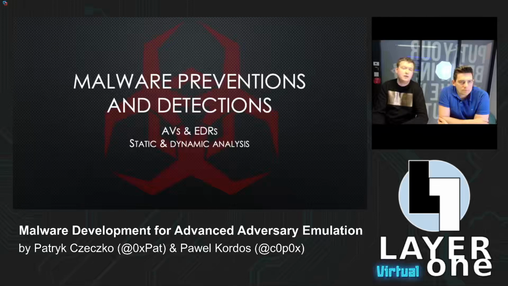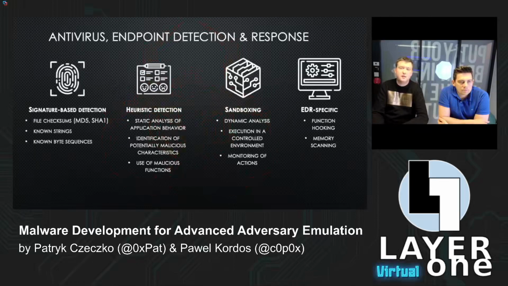Alright, so the first part is to understand what the antivirus is and how it actually works. There are a couple of different ways how an antivirus solution works. The first one is the very simple signature-based detection, which checks your file against a list of known files which are known for being malicious.